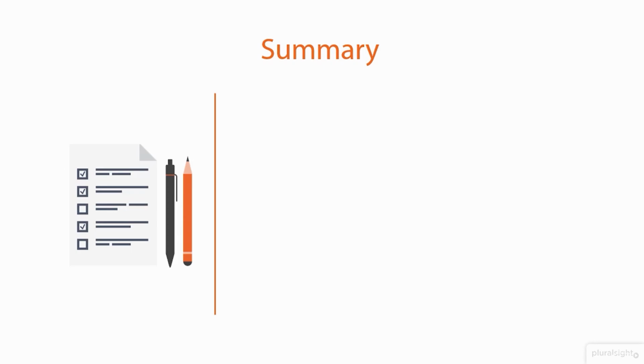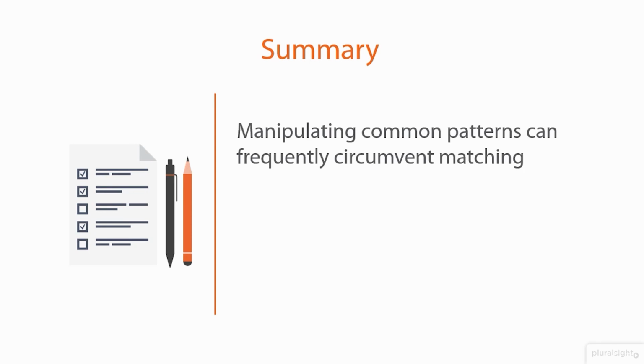Let's summarize the module. Clearly, the story here is that manipulating what would otherwise be a pretty common injection attack pattern can circumvent the actual matching based on signatures. And that's what all of this has been about: making sure that we can represent our attack in a way that the application, or a device sitting in front of the application, can't recognize.